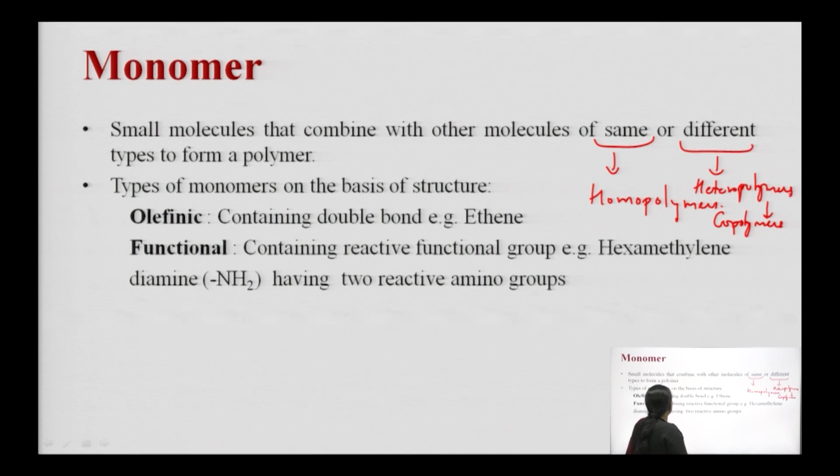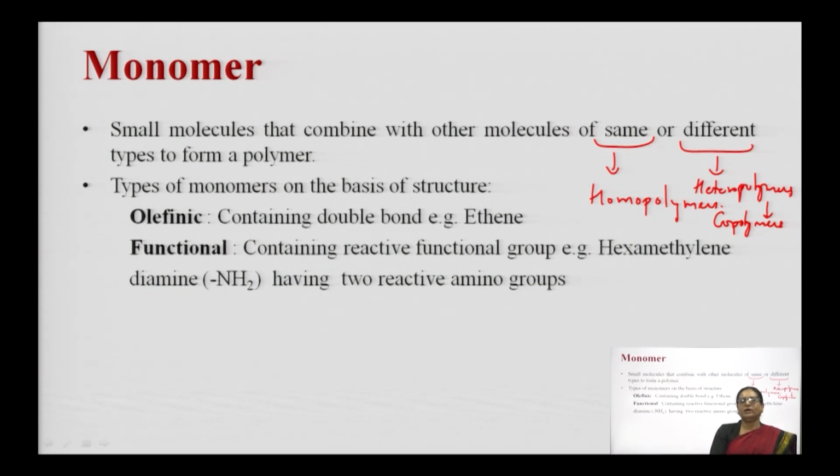Then the monomers may be of two types: olefinic or functional monomers. What is the difference between these? Olefinic monomers have unsaturation in them, they have double or triple bonds, such that when two monomer units combine, these double or triple bonds break and form linkages with the other monomer unit.